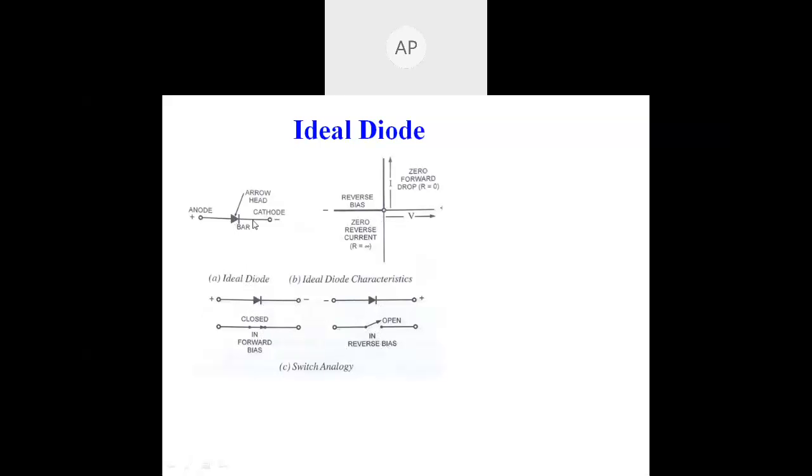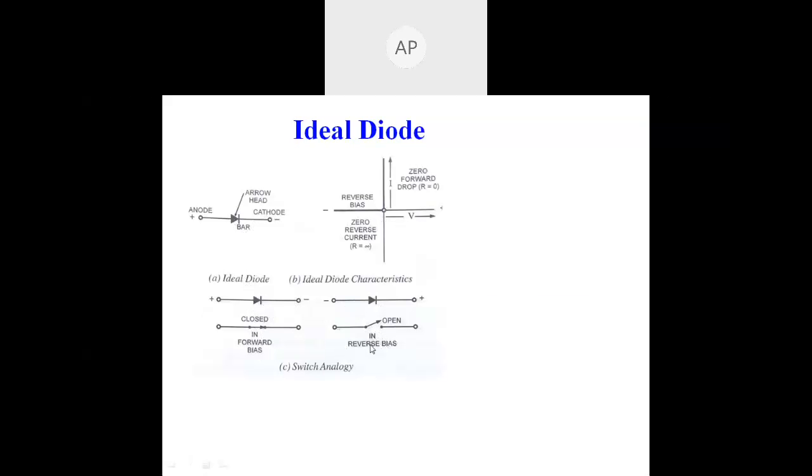And for reverse bias, current never flows, it's zero, so it's an open switch. So this diode allows the current only in the forward bias configuration, never in the reverse bias configuration. Finally, we can say this diode is a unidirectional device.